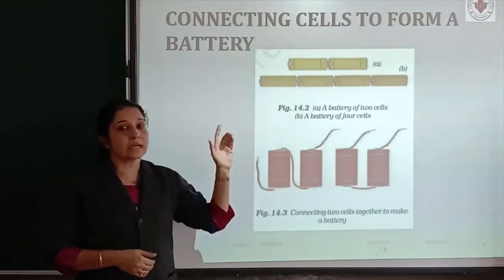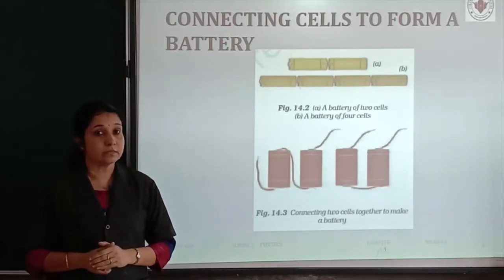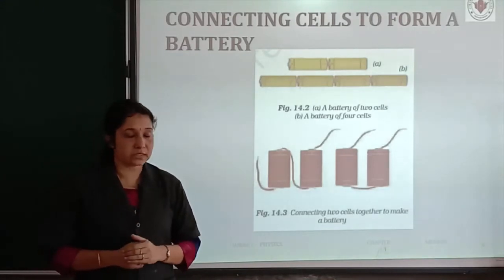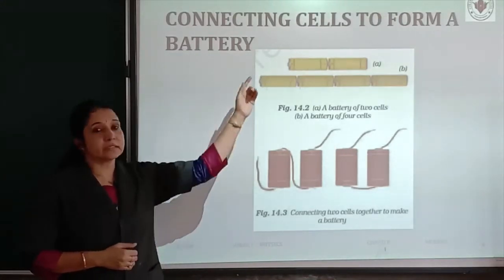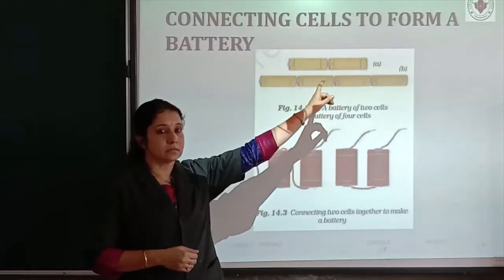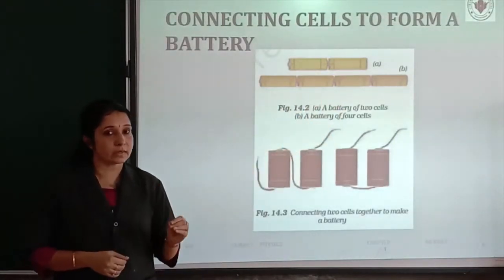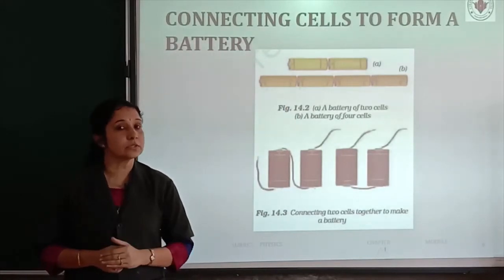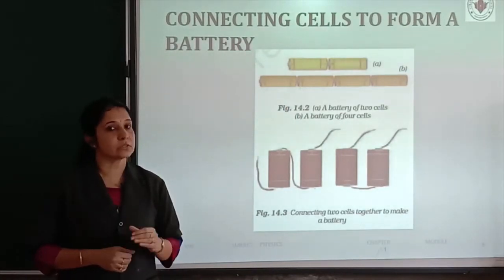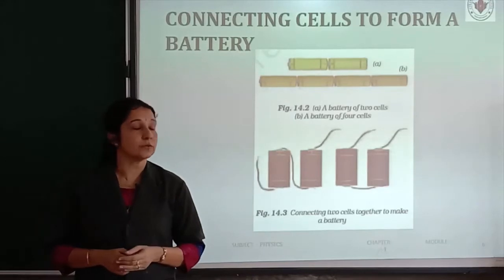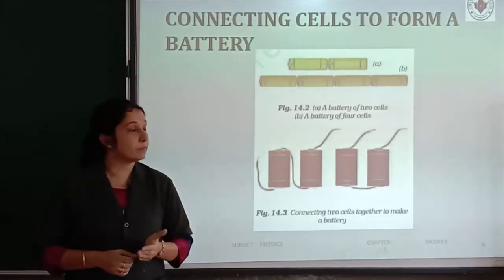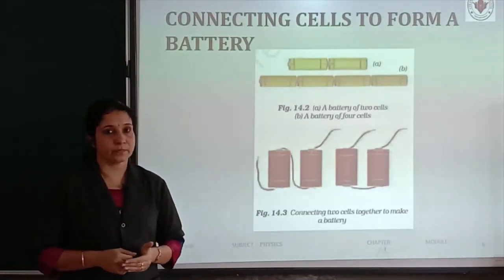So both these kinds of making a battery will have their own advantages. If you are connecting the cells like this, the cells will be able to generate more current. So in a circuit, more current flows through the circuit, and the bulb will glow bright.